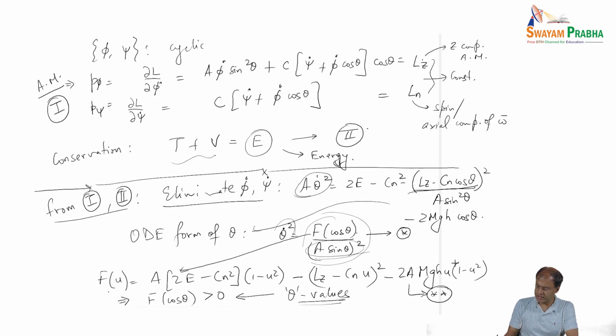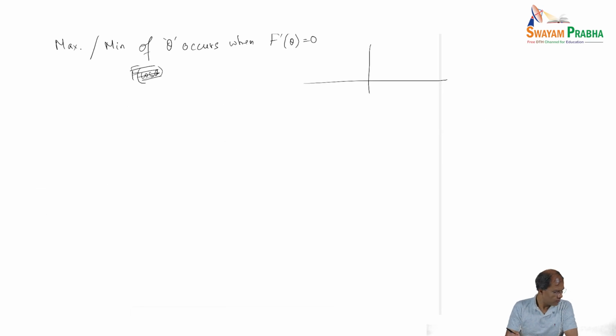This particular function is a cubic polynomial in u. Which means that if we try to find the roots of f of u, there will be 3 roots of this polynomial, right? Something we will use.